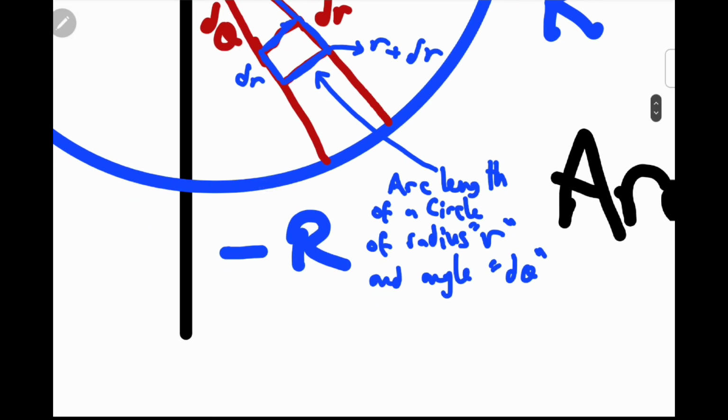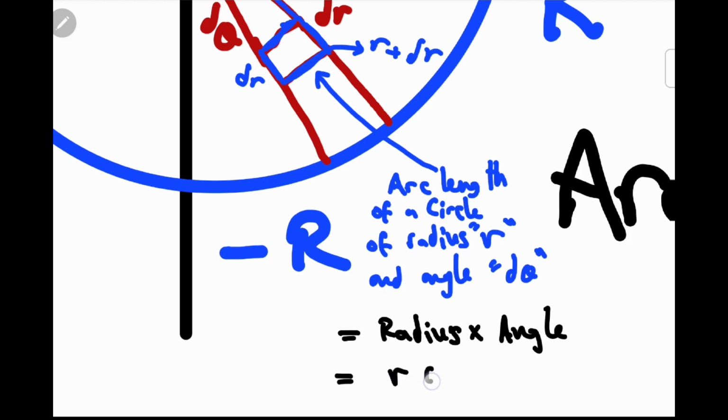And we know that the arc length is equal to the radius times the angle, so it's just equal to r d theta. So this looks like a rectangle of width dr and length r d theta.